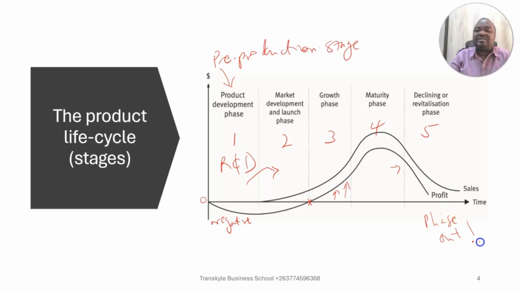We are about to phase it out. All right. So, in essence, that's the product life cycle in picture. Remember, at this stage number 5, we have got what are called end of life costs. End of life costs, like decommissioning costs, they are also incurred at this particular stage.